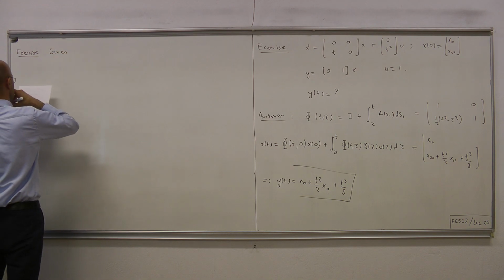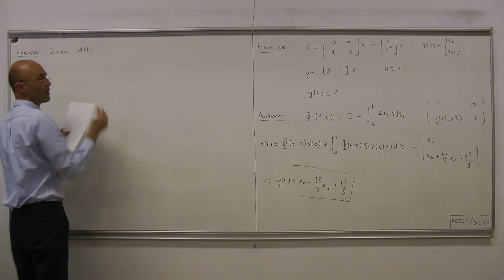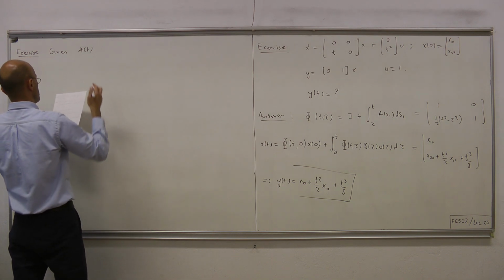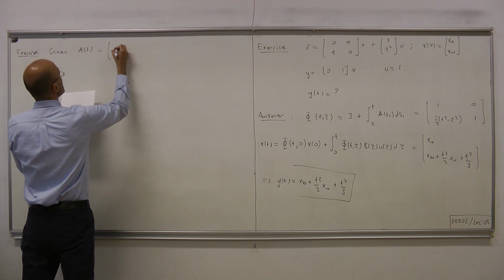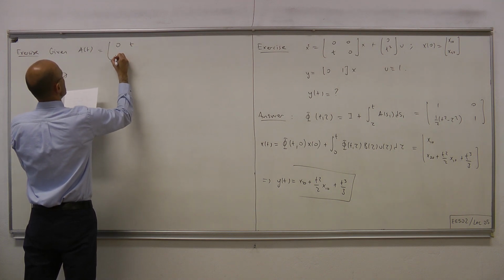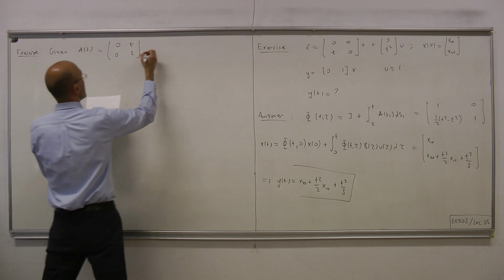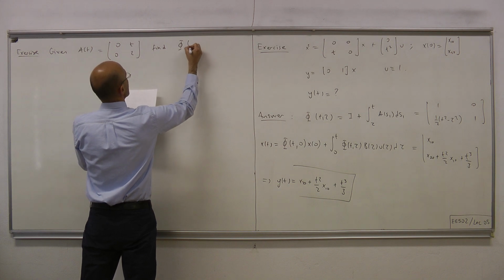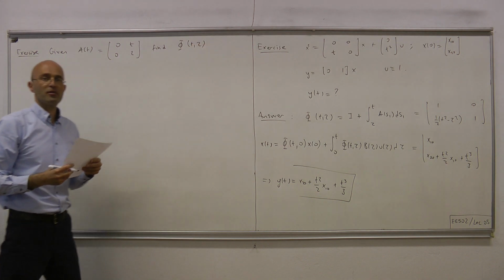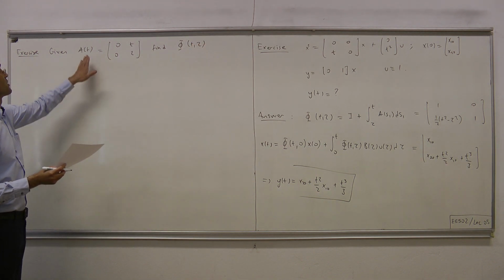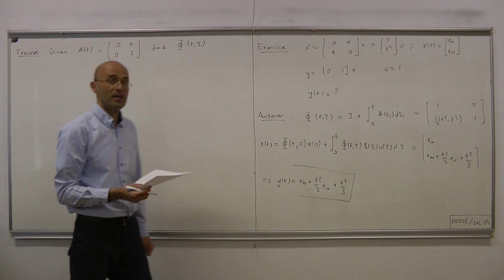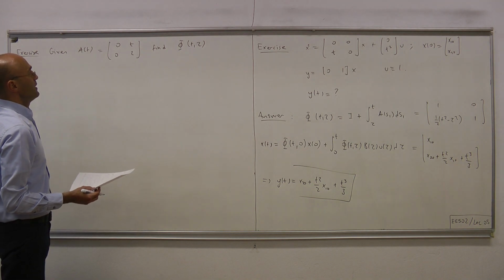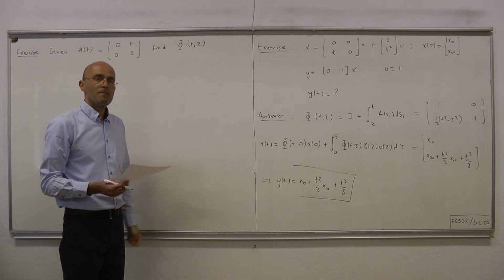Given the system matrix of the LTV system, A of t equals 0, t, 0, let's obtain the state transition matrix phi for this given A of t matrix. One way is the Peano-Baker series, summing up infinitely many terms, but let's approach the problem from another angle.